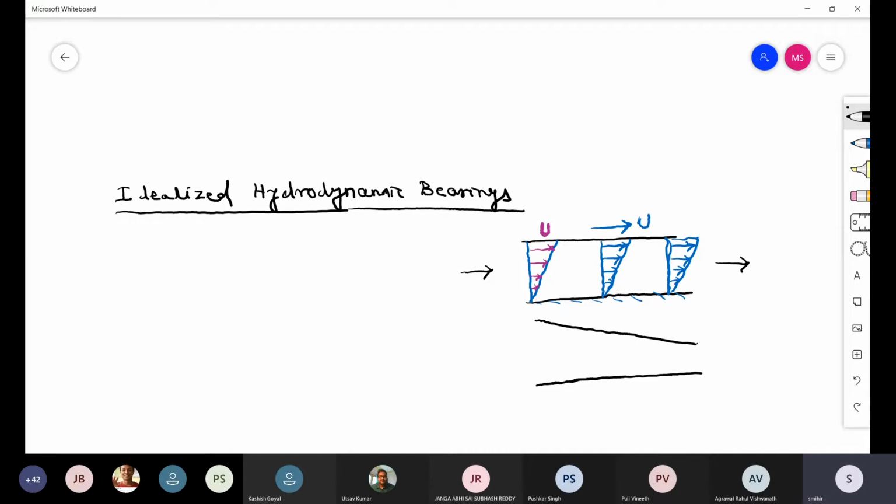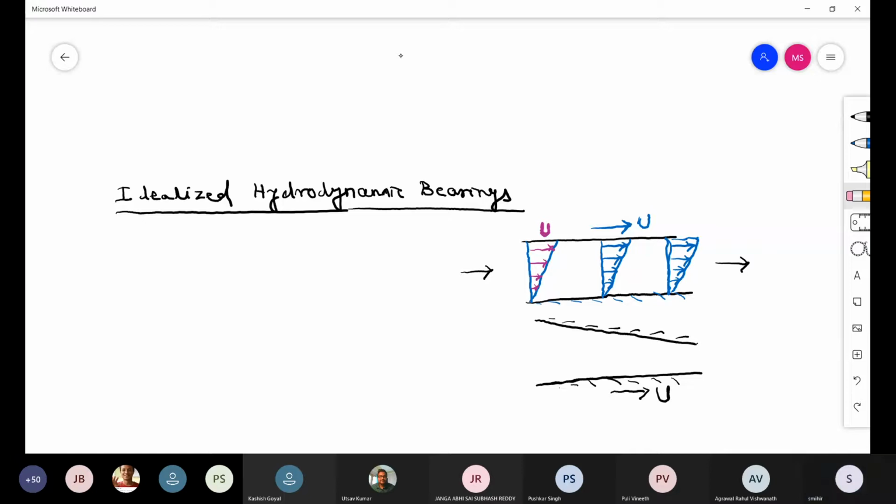Imagine the top surface is fixed and the bottom is moving with a velocity U, or the bottom is fixed and the top is moving towards left.